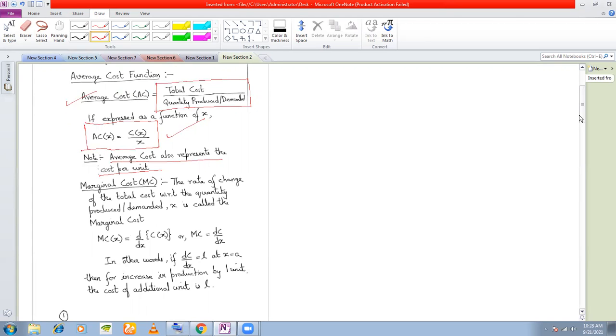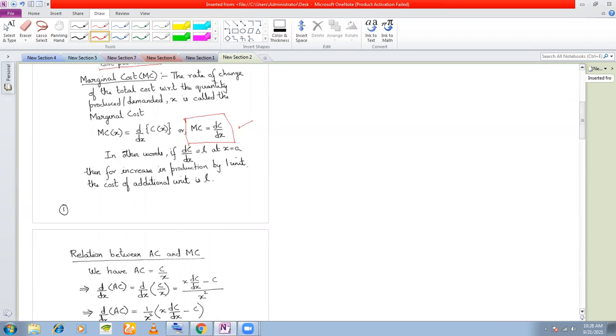Remember, okay. Marginal cost is obtained by differentiating the total cost with respect to x, that is, the number of units produced. And marginal cost is also the rate of change. In other words, if dC/dx is equal to L at x is equal to a, that means for every 1 unit increase in the product, the additional cost incurred is L. That means from 35 units, say, to 36 units, if I produce, there is an additional cost.